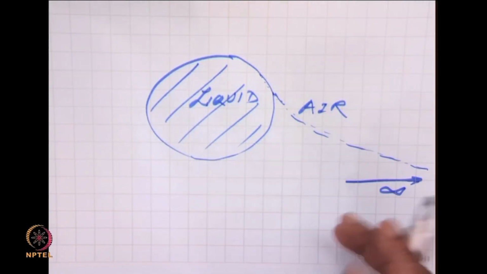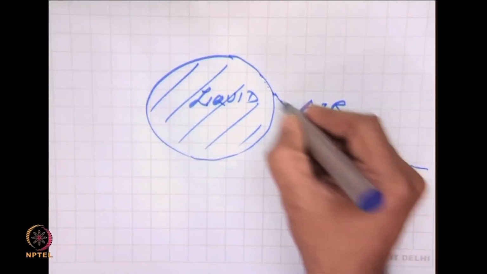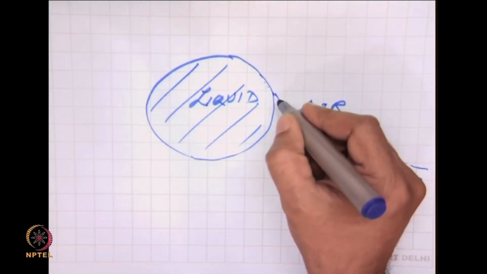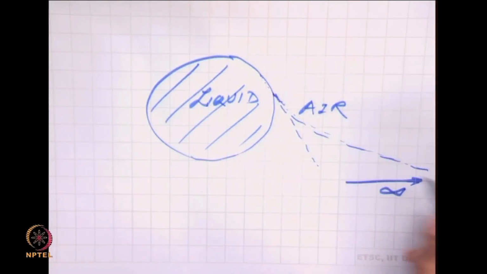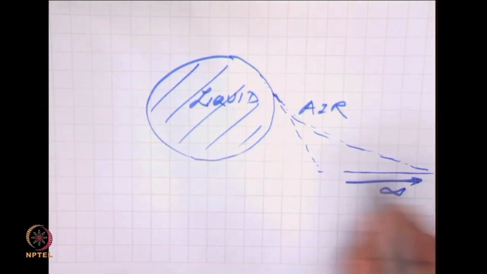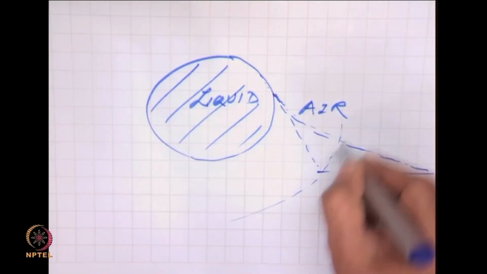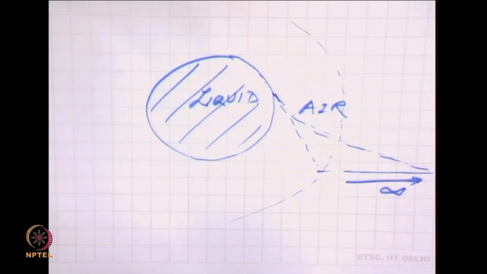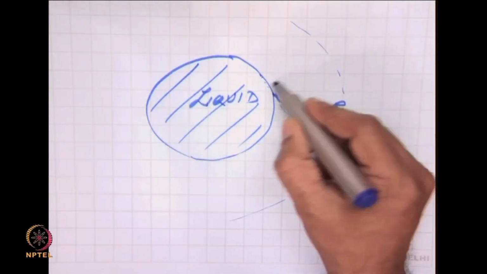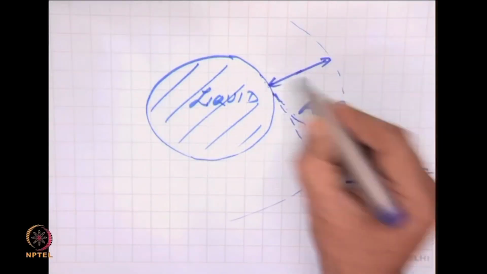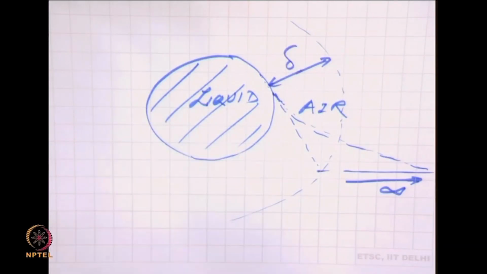One might say an approximation that is done in film theory is, whatever is the gradient of concentration, you persist with the initial gradient and see where the concentration becomes equal to the bulk concentration, and then you identify that as the thickness of the film in the film theory, that delta, right.